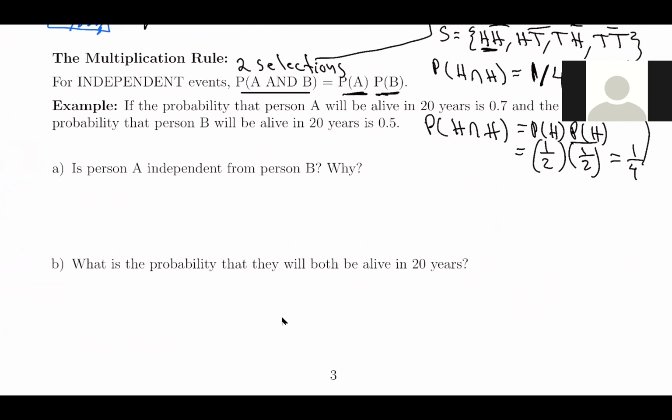For this one, it says the probability that person A will be alive in 20 years is 0.70, or 0.7, and the probability that person B will be alive in 20 years is 0.5. For part A, it says, is person A independent from person B? So does the fact that in 20 years person A is still alive make it more likely or less likely that person B will be alive in 20 years?